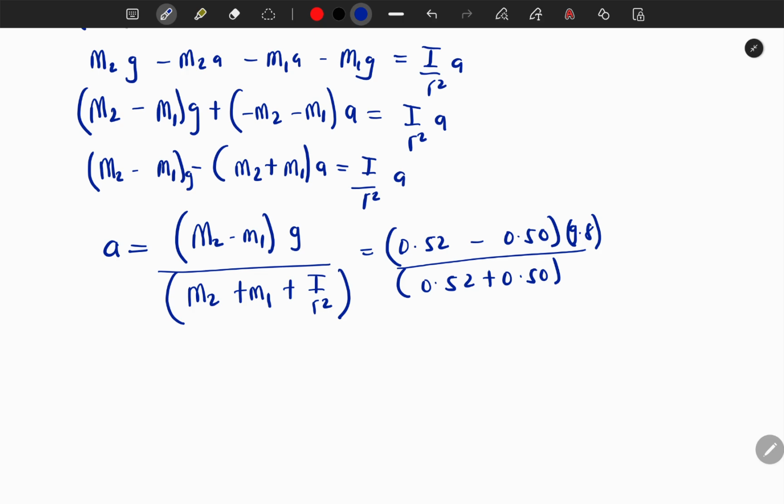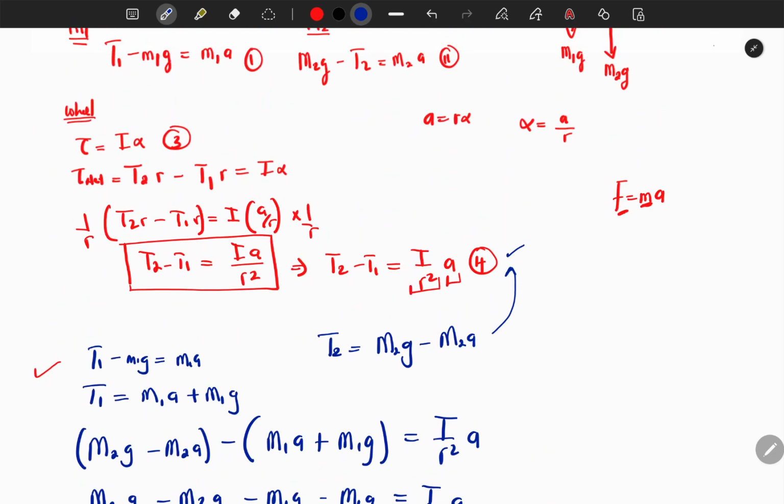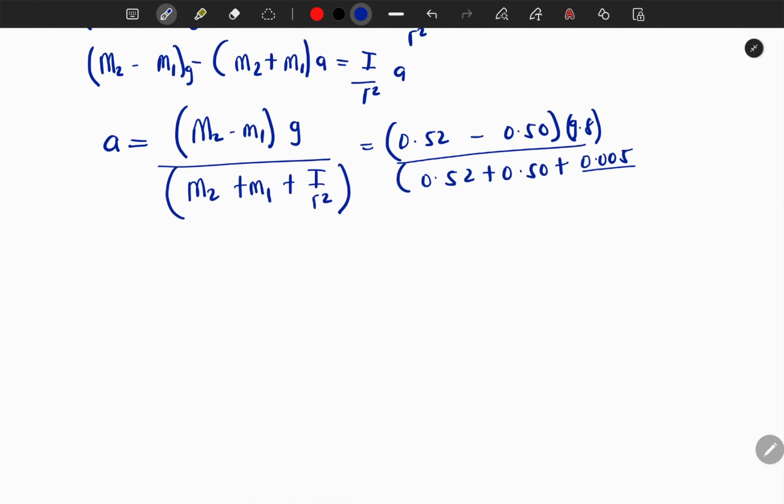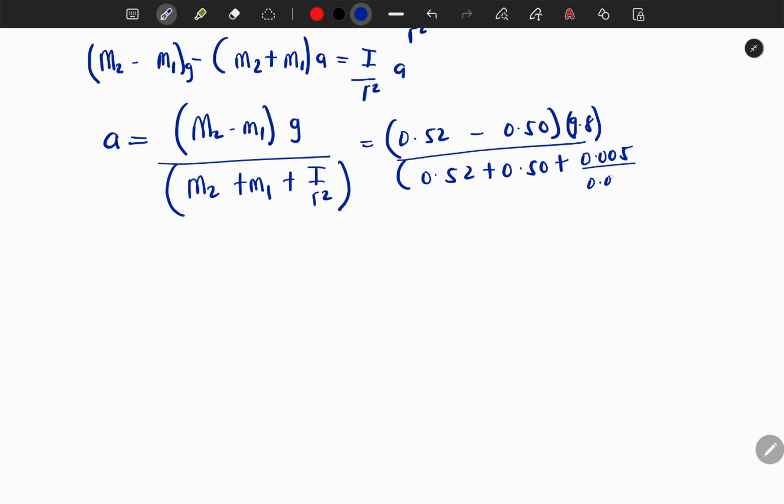Oh, sorry, you have plus I, which is 0.005, over the radius. Remember, this is 7 centimeters. We can convert it to meters to give us 0.07, and we have to square it.